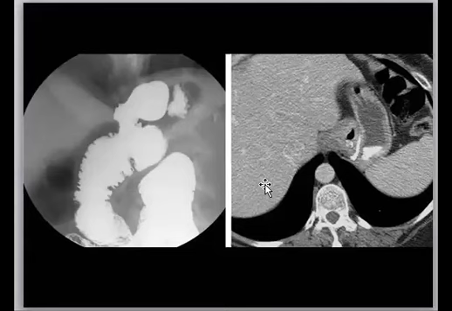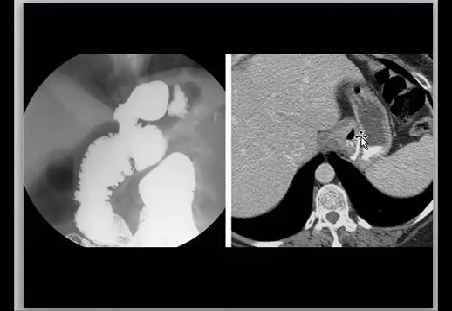Leakage is nice, but is it leakage? You should see the contrast outside. What do you think, is it outside? I mean, there is a contrast here. So you mean this one? Yes, maybe this one should be the staple line. Nice.